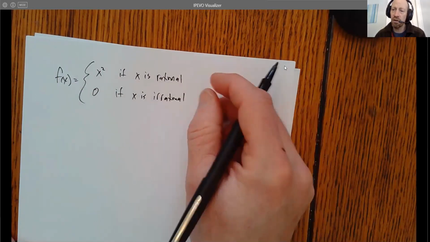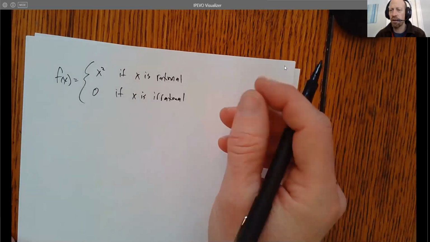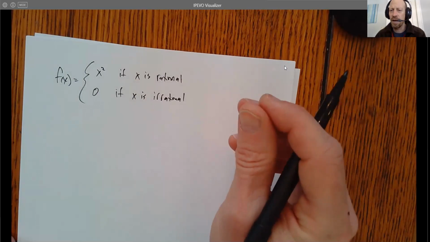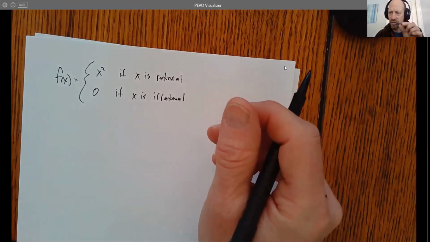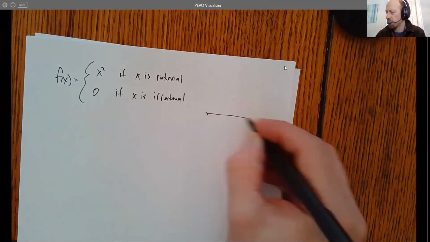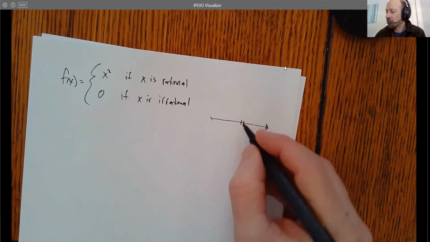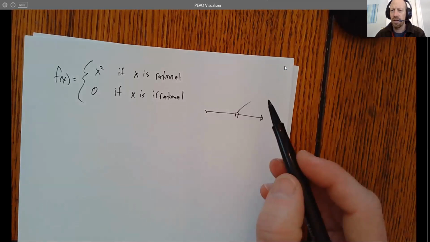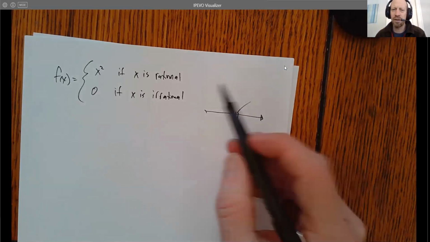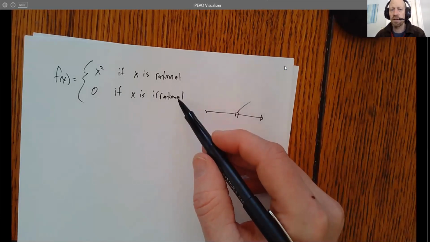And it turns out that rational numbers and irrational numbers are what we call dense. Dense means that if you take any little slice of the number line, no matter how small you take that little chunk, within that chunk there are going to be infinitely many rational and irrational numbers. Sometimes we get fooled by thinking there are lots of rational numbers because we see them more often, but there are actually way more irrational numbers.